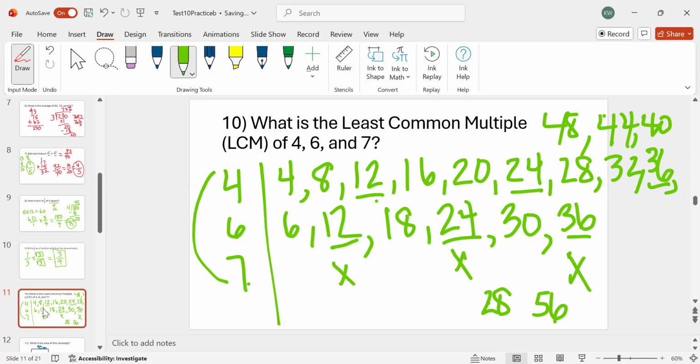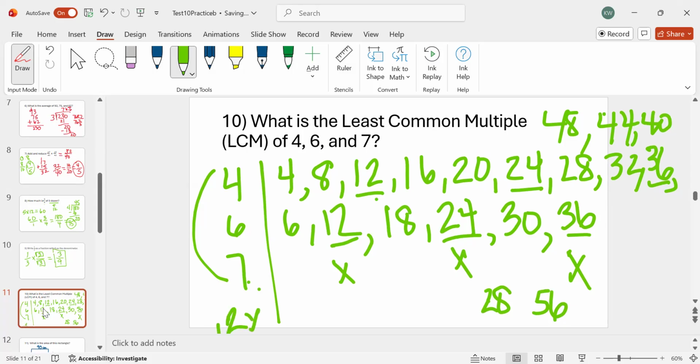So 12 times 7 is 84. I think that one might work because 4 can go into 12, 6 can go into 12. 12 times 7, 84.